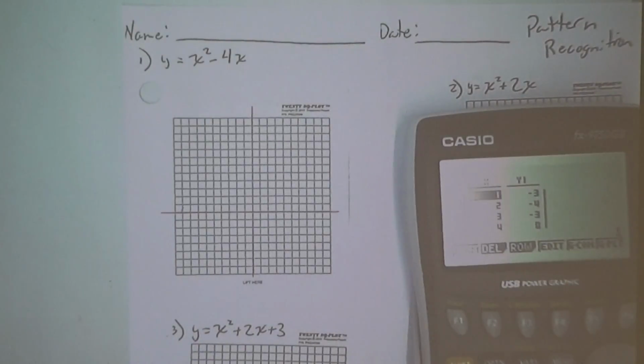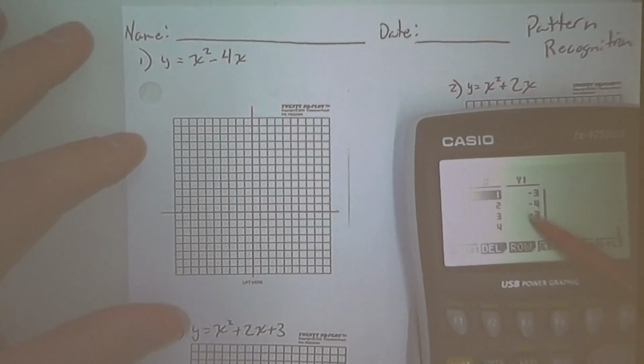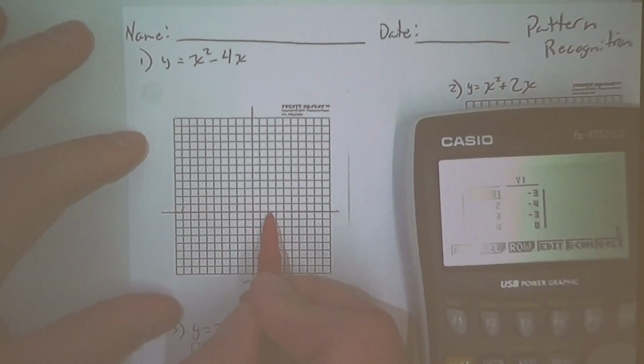Anywho, those are my crosshairs. I can plug these values in. 2, negative 4. Positive 2, negative 4. Boom. 3, negative 3. 1, negative 3. 4, 0.